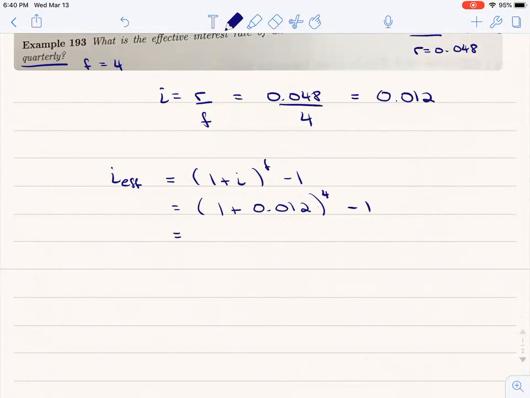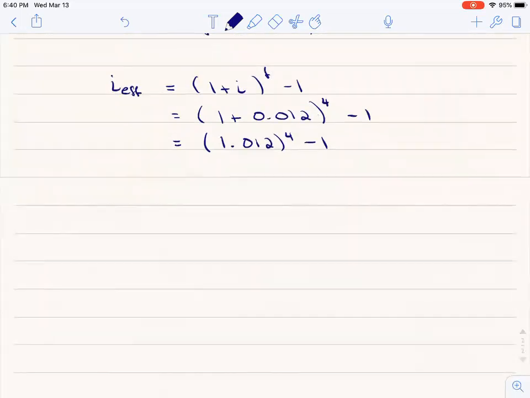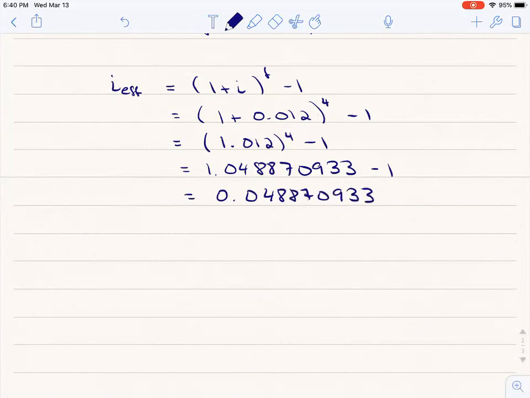I'll do these step by step to show my work. 1.012 to the power of 4 minus 1. I get 1.048870933 minus 1, which is just 0.048870933.